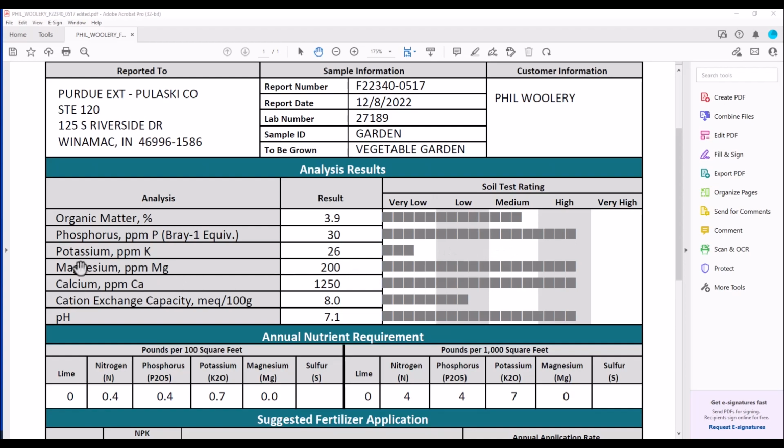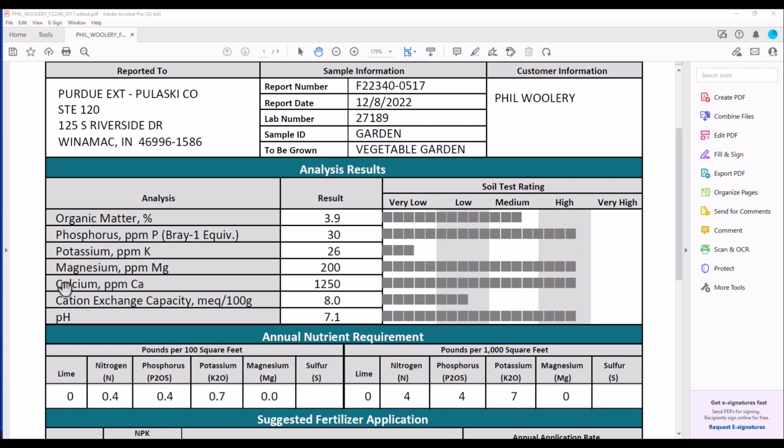Next, we have magnesium, again measured in parts per million. We have 200 parts per million, and magnesium is used in chlorophyll, the pigment plants use in photosynthesis, and also in many different enzymes within the plant. This one is rated as high, so nothing's really needed for this nutrient in our soil.